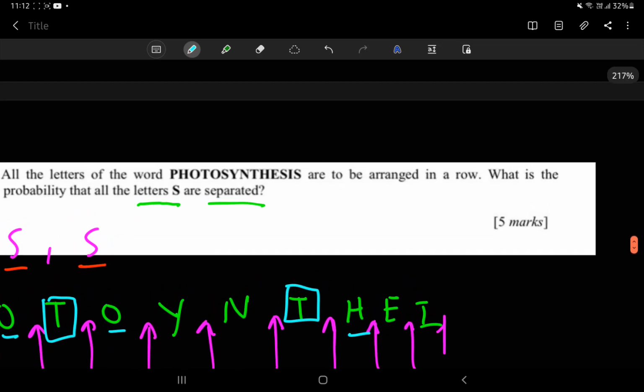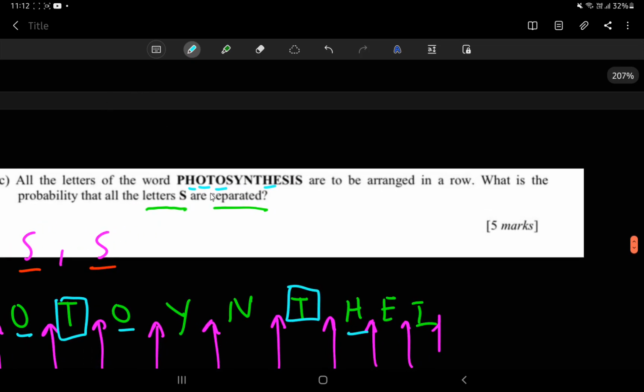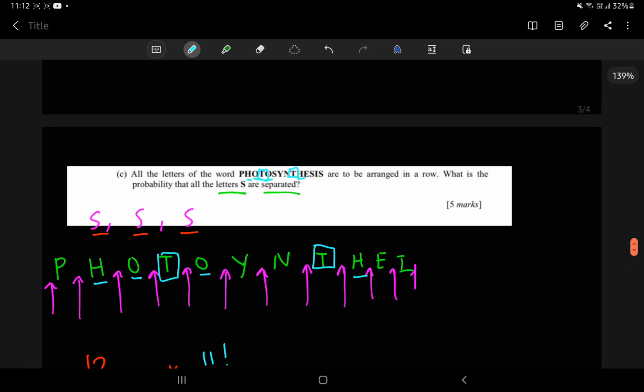Why? Because originally the word is photosynthesis, so we have 3 S's repeated, and we need to divide by 3 factorial. Then we divide by 2 factorial for each of the repetitions in O, in H, and in T. So 3 factorial times 2 factorial times 2 factorial times 2 factorial is the repetition, and we need to divide by it.